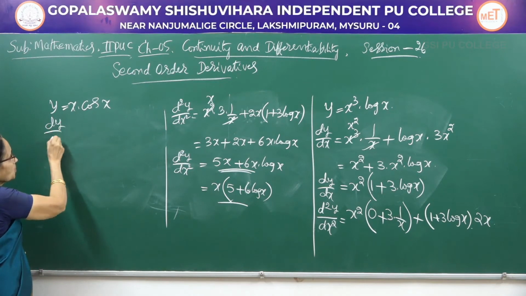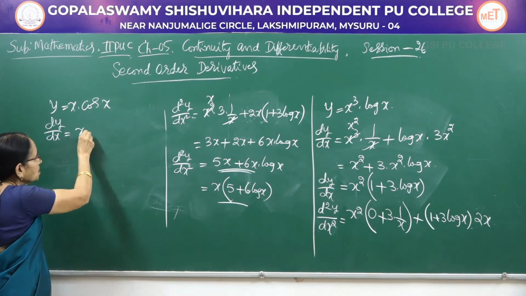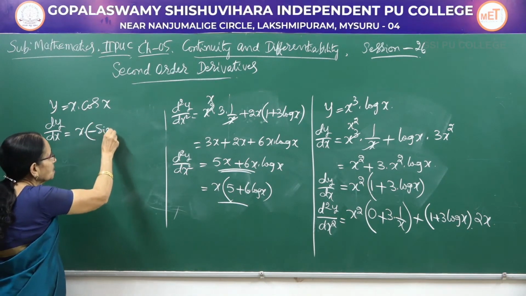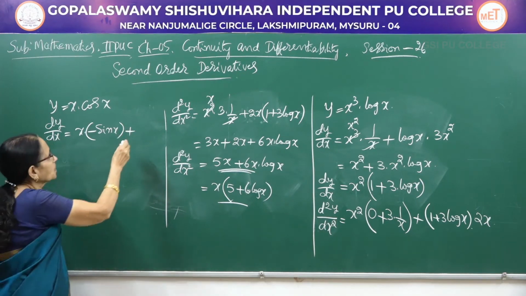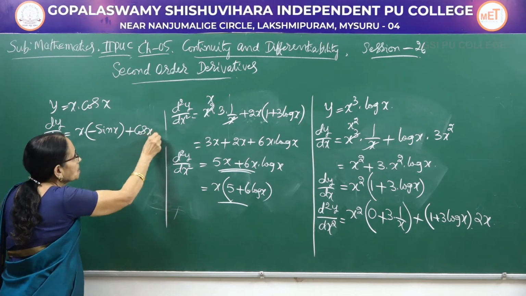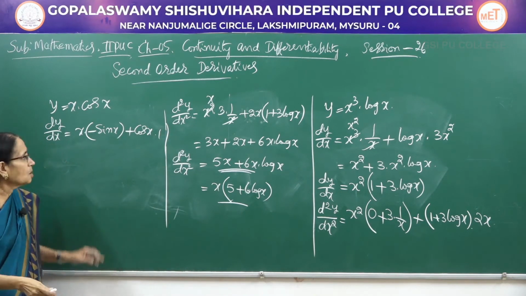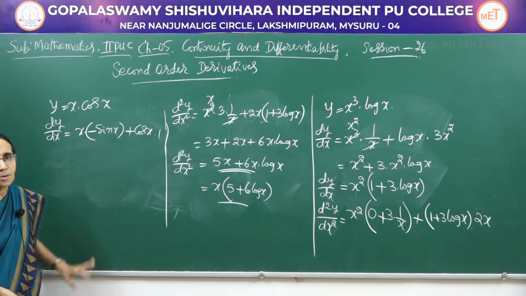So let us get the first one, dy by dx equal to x, first function, into derivative of the second, which is minus sin x, plus second function. What is the second function? Cos x into derivative of x is 1. So it is x into minus sin x plus cos x into 1.